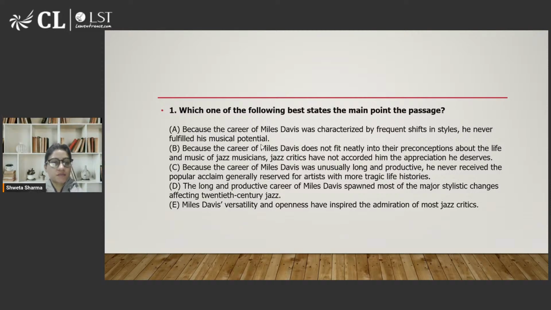Okay, so let's discuss this question very quickly, guys. Which of the following best states the main point the passage states, right?